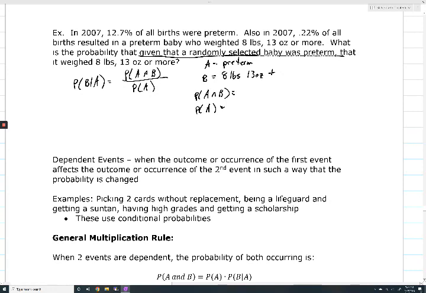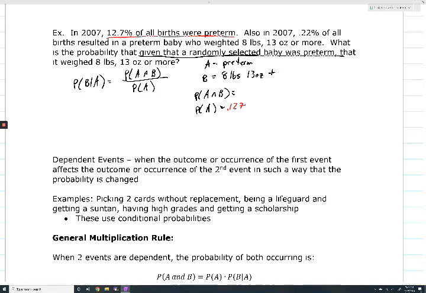So how many births were preterm? 12.7%. And when we're dealing with statistics, make sure you always use decimals. We are never going to be using percents here. So that is the percentage of all births that were preterm.